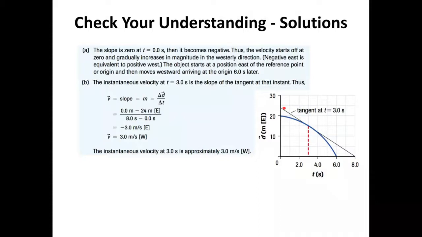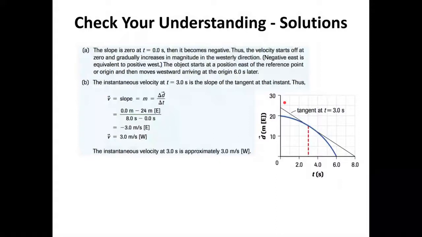At 8 seconds, it's 0. And then the other one that was chosen looks like about 24, since these go up by 5. So 24 for the y and 0 for the x.